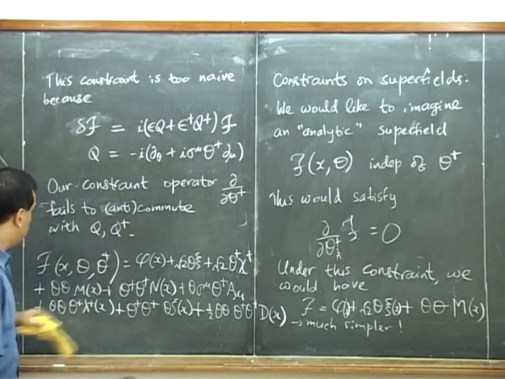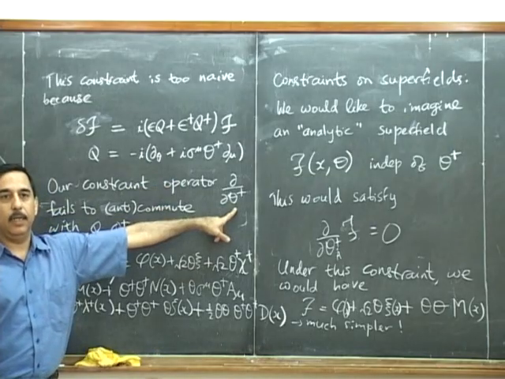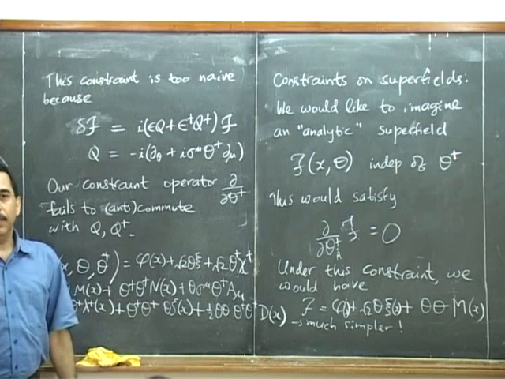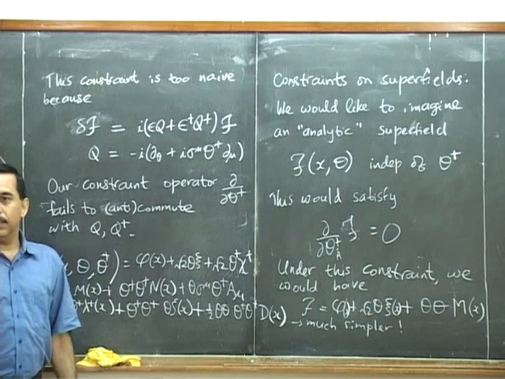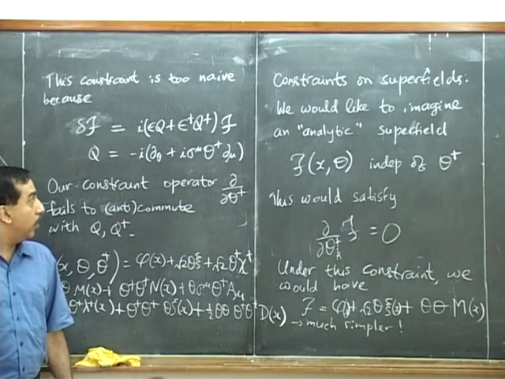Is that obvious? Here's Q, here's del by del theta dagger. What will I get if I anticommute them? What term am I going to pick up?